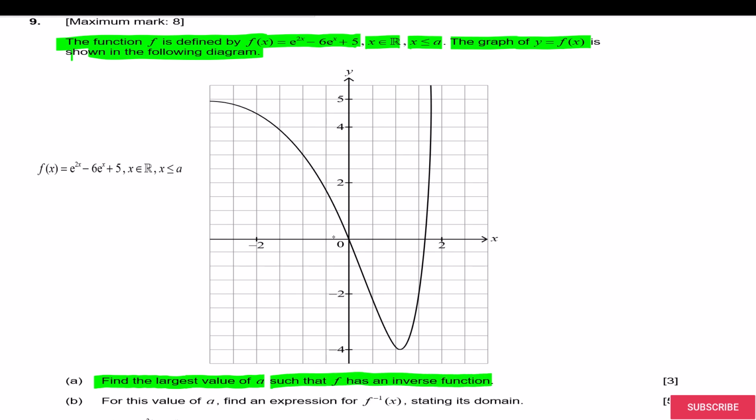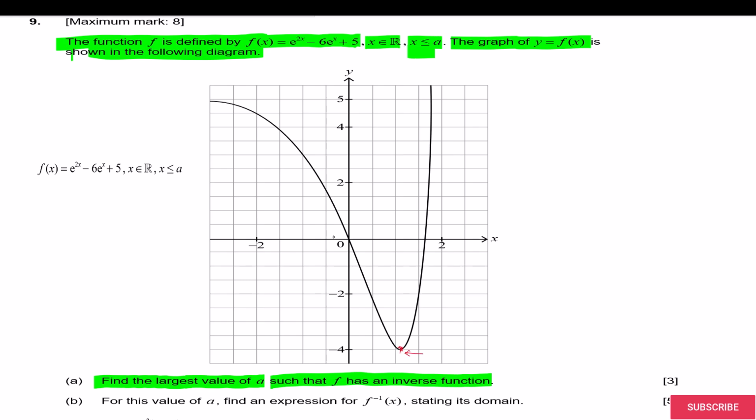For an inverse function, we see that an inverse function only exists when the function is 1-to-1, and in order to make it 1-to-1, we need to restrict the domain. The question itself has given that x has to be less than or equal to a, and this is the minimum point.